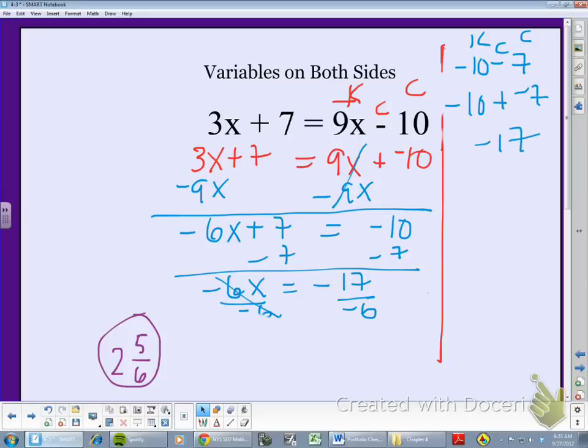You'd have x on one side, and what you'd have left on the other side is, remember, a negative divided by a negative makes a positive, so you would just have 17 over 6, which is what you had before. So as long as you're using inverse operations and the correct order of operations, use the SADMAP, then you're not ever doing anything wrong. You just arrive at the right answer in a different method.